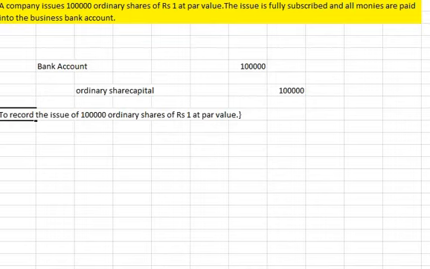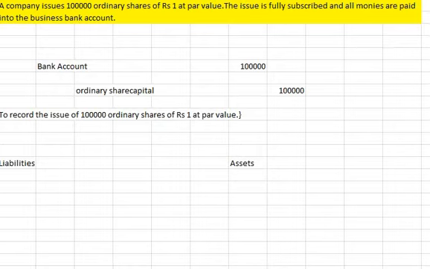And how can we record this in the balance sheet? If we have a transaction, it should be recorded in the balance sheet also. So in the balance sheet we have two sides: the asset side and the liabilities side.